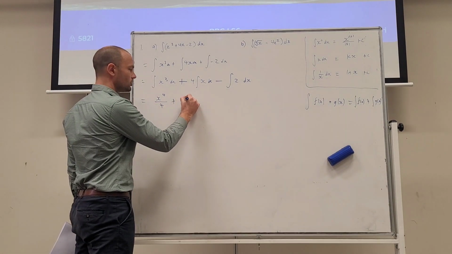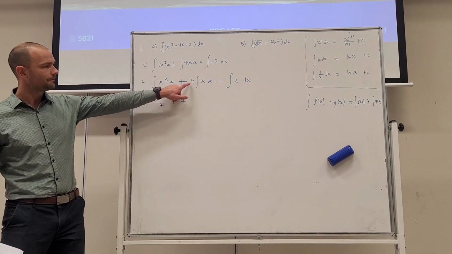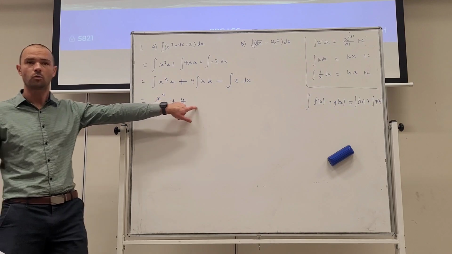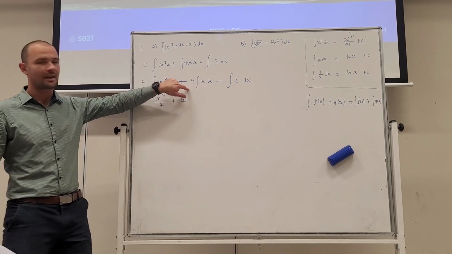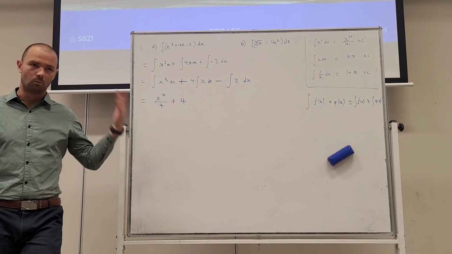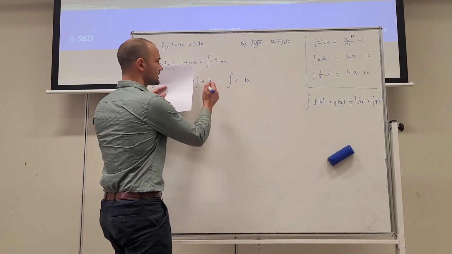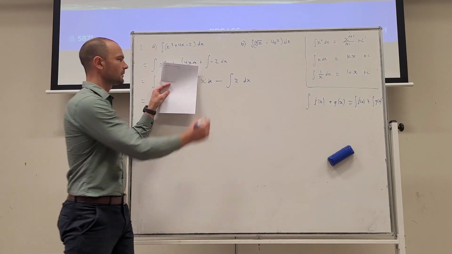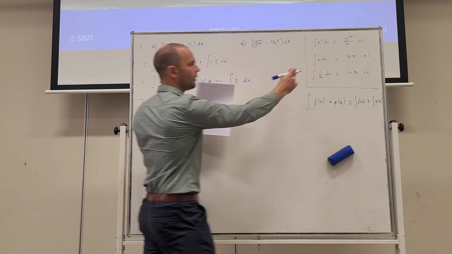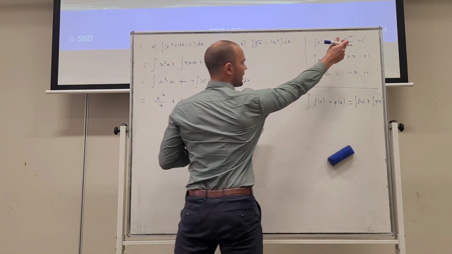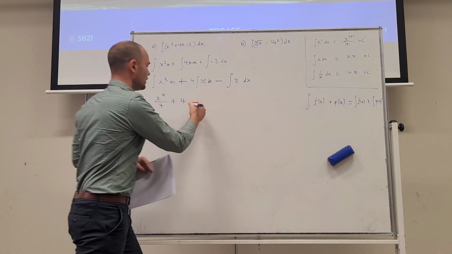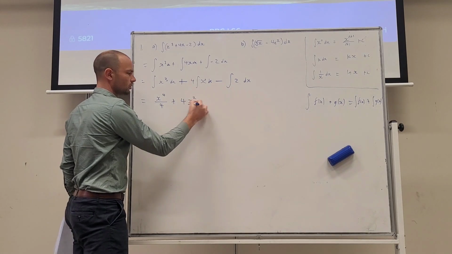Then we have, just like calculus, this number 4 just hanging out. It's got to multiply whatever the integral of x is. What's the integral of x? X by itself is x to the power of 1, isn't it? So it's x to the power of n, and we're just applying this rule: 1 plus 1, so 4x to the power of 2 on top of 2.